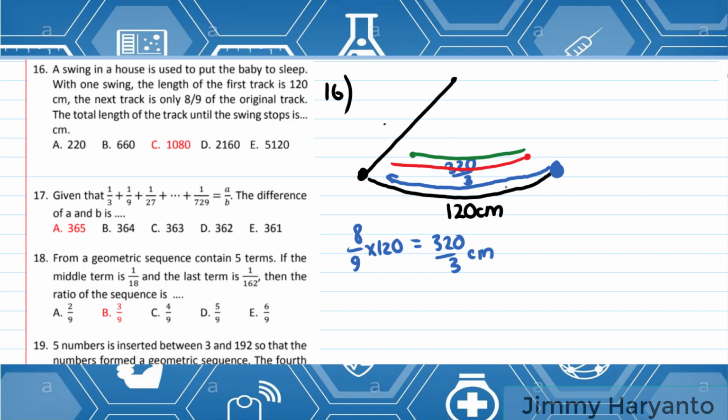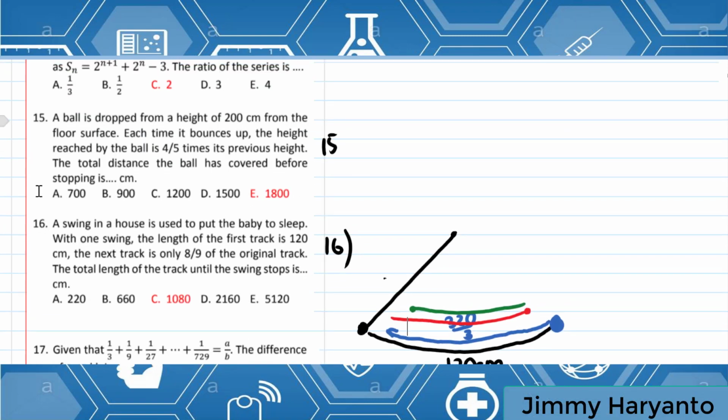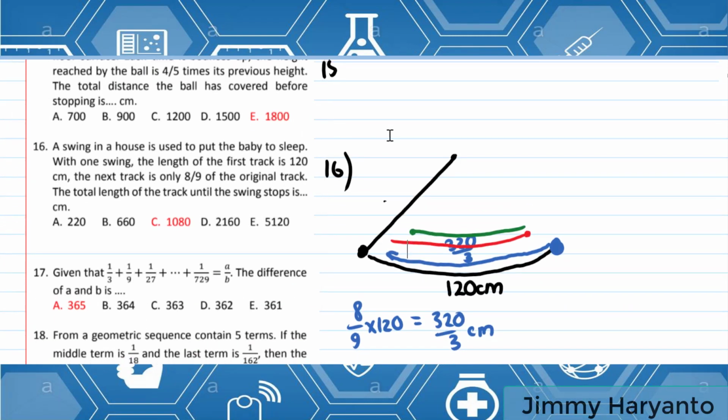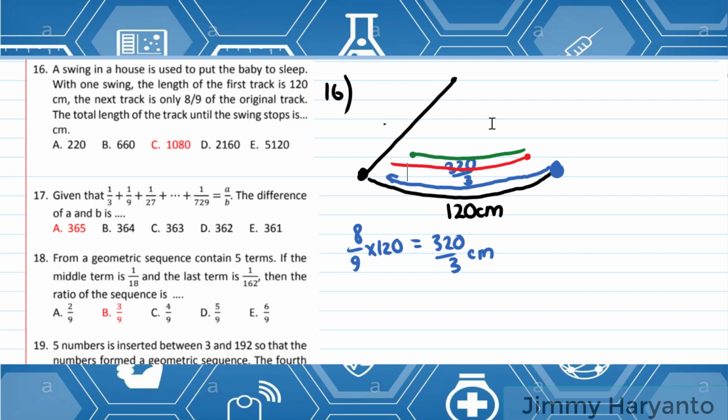Oke, do you know what is the difference between these swing questions and the ball drop? For the ball, the ball travels 2 times for the track. First it will go up, and then it will go down with the same length.